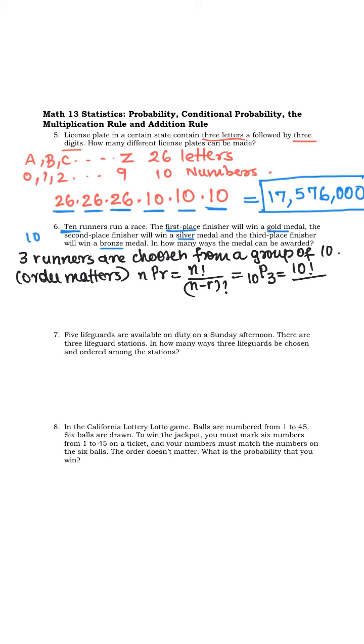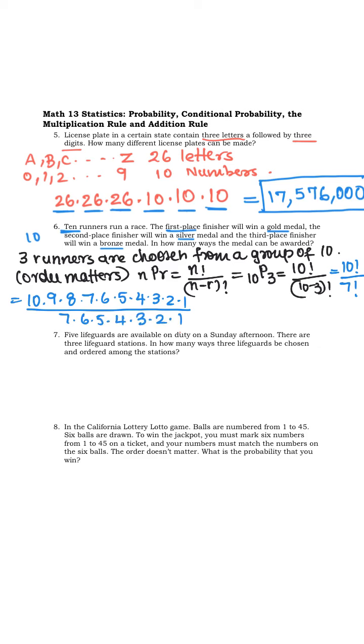So 10 factorial divided by 10 minus 3 factorial, so 10 factorial divided by 7 factorial. 10 factorial is 10 times 9 times 8 times, and 7 factorial is 7 times 6 times 5 times 4 times 3 times 2 times 1. All these cancel and multiply the numbers left. Answer is 720.